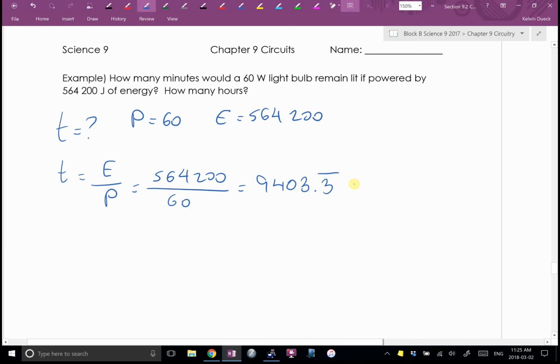Units. No. Yeah. Time gives us seconds. Why are we wrong, though, for our answer? Can you read me the first 3 words of the question? How many what? How many what? What have we got? Seconds.